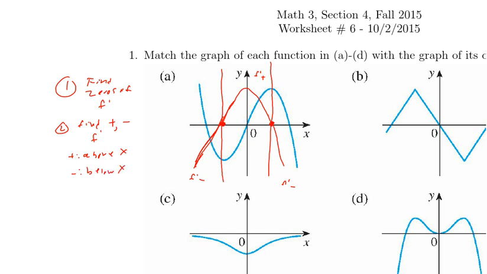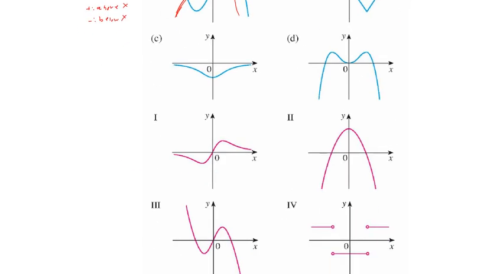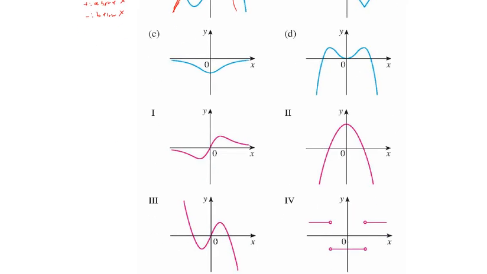Are you above the x-axis, or are you below the x-axis? Is your derivative positive, or is your derivative negative? And that's our derivative graph. So let's look, and that looks like it's going to be, there you go. Positive zeros, these two 0 spots, and then your negative graph.